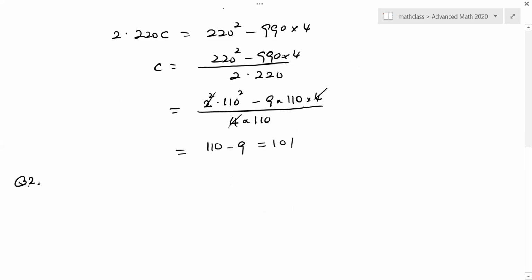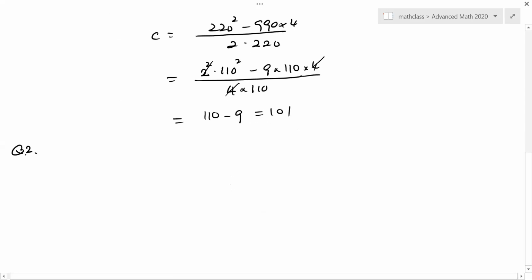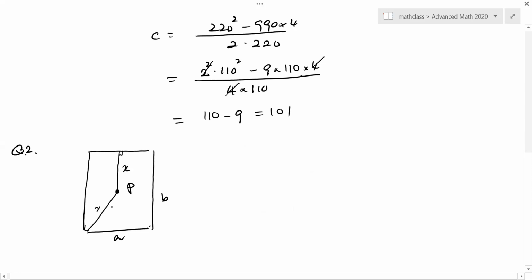Our next problem is you have a rectangle, and this side is A, this side is B. I'm trying to find the point P so that this distance equals that distance equals that distance.